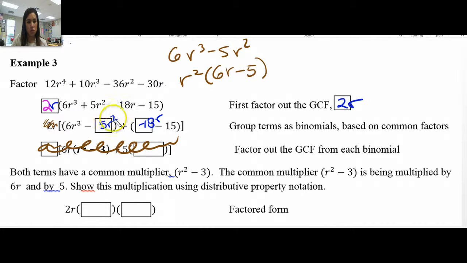So now let's do this part. We have negative 18r minus 15. Okay, right away I see here that I could take out a negative 3 from both, and I would be left with 6r plus 5? Yeah, plus 5.